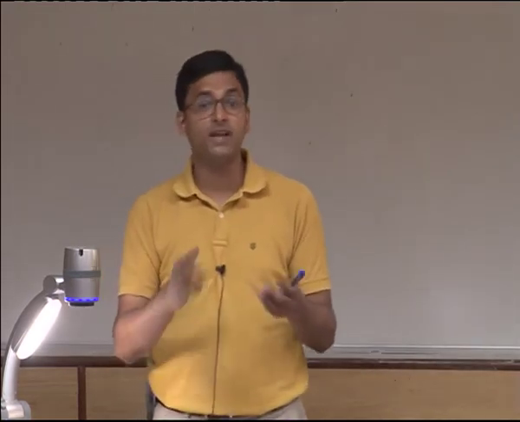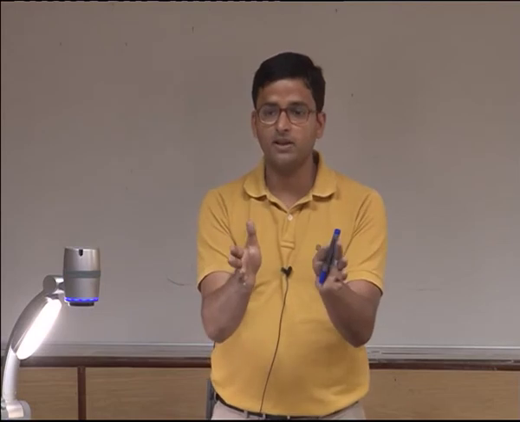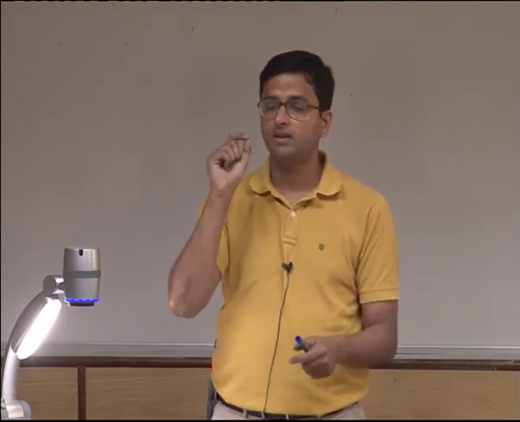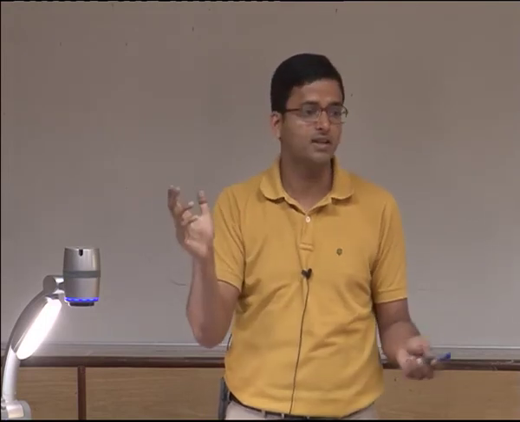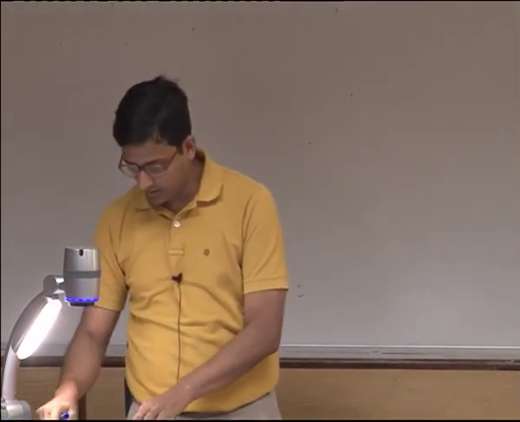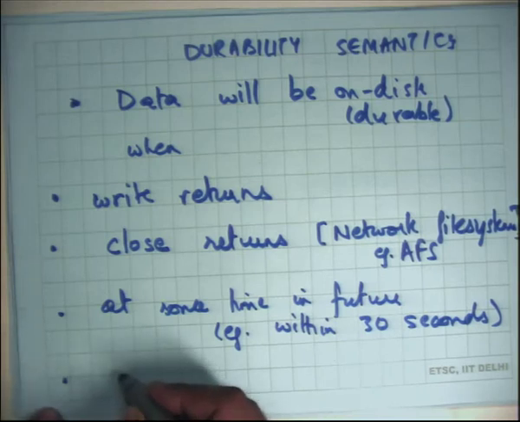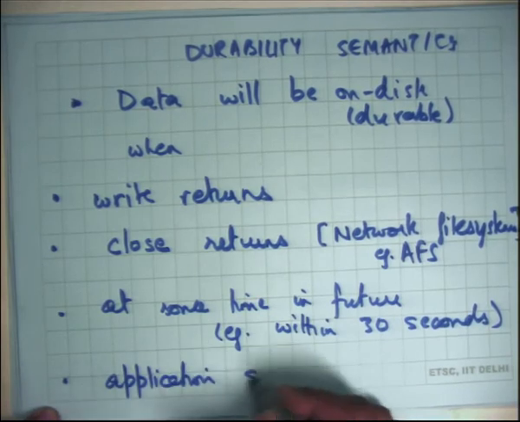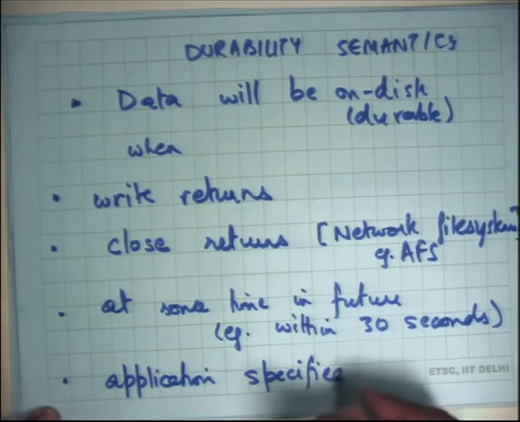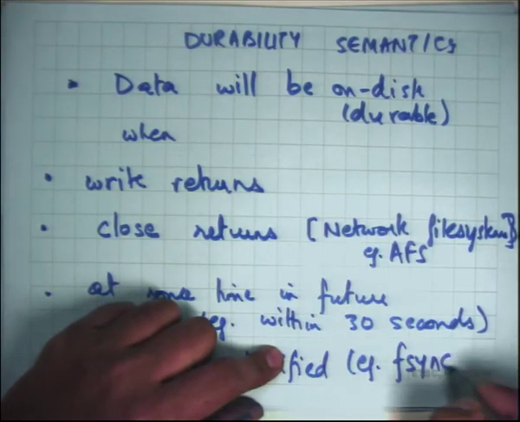So there has to be some way for the application to say, before I give this money, I should be 100% sure that the data is durable. If you're doing this, then you need some application level interface. And this interface is called fsync on Unix.